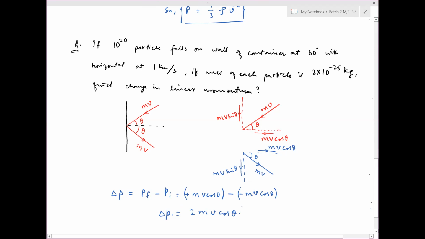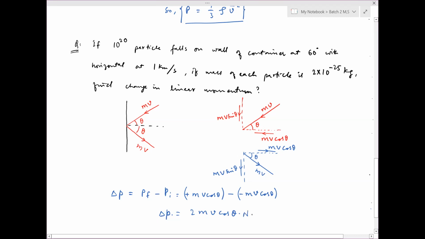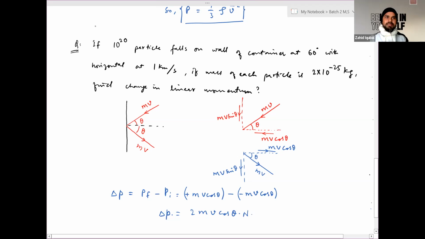Yes, sir. In this part, I have just calculated for one particle. So if you have to calculate for n number of particles, just multiply it by n. Just put the values and simplify it.